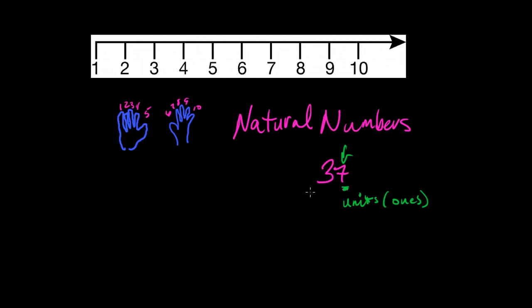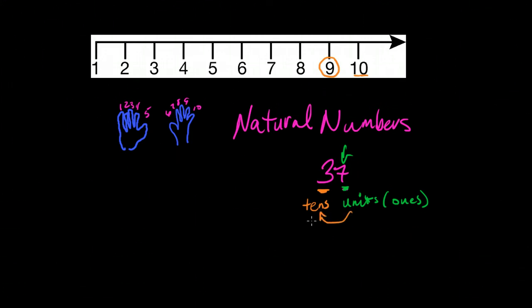By contrast, the 3, this number here, is in the tens place. Once I get to 9, I need a new set of numbers, right? 9 is the most that I can count using only one digit. Now that I get to 10, notice that I now have a second digit. I'm using 2 digits now, so the second number is in the tens place. And these go by powers of 10, right?